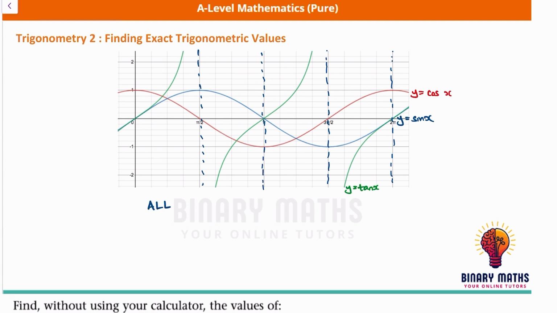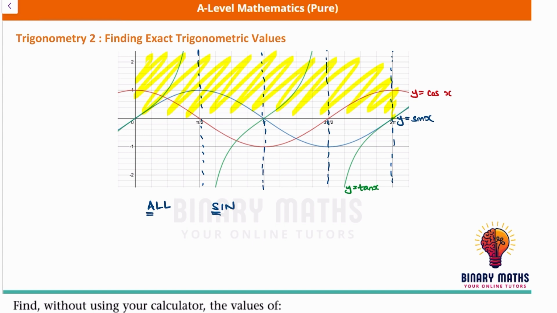So, all. In the second 90 degrees, between 90 and 180, only the blue graph is above the x-axis. The blue graph is sine, so only sine is positive there.